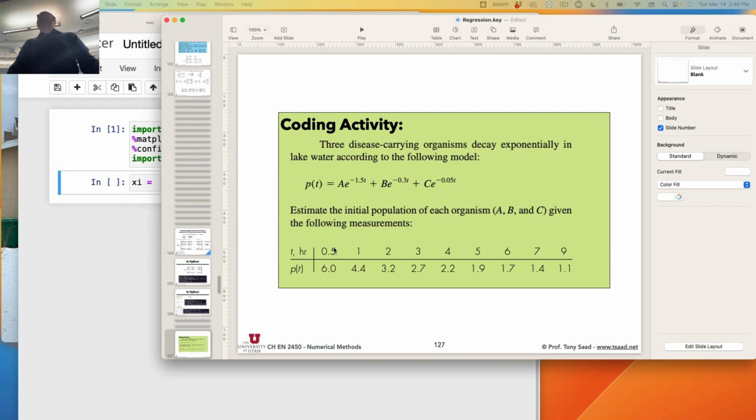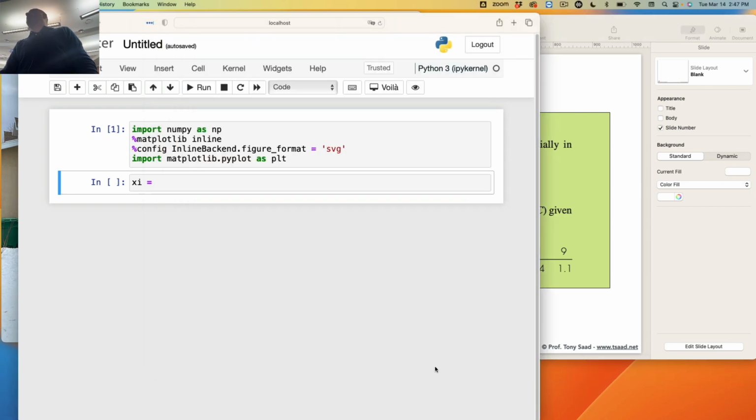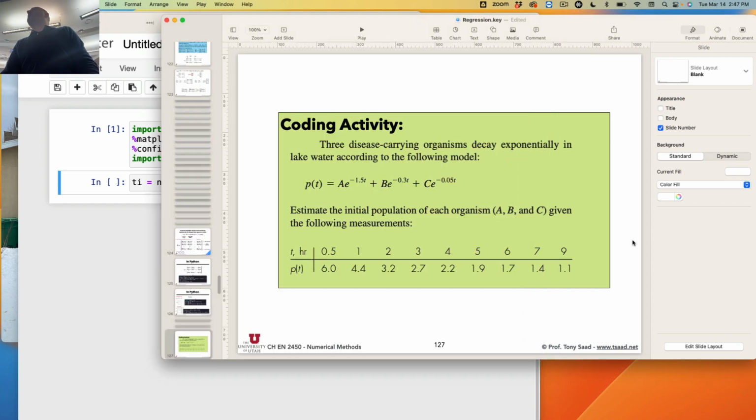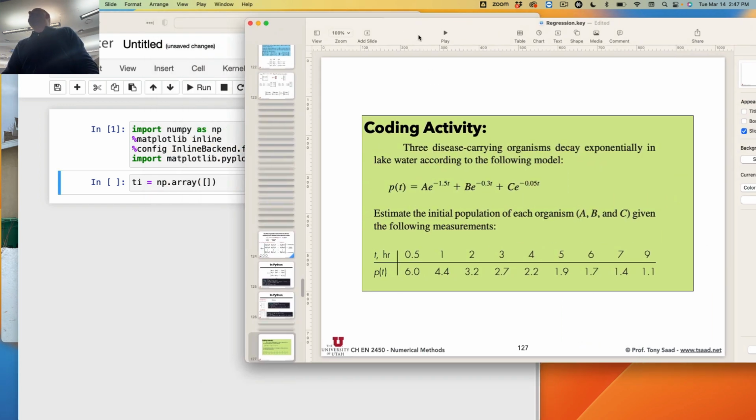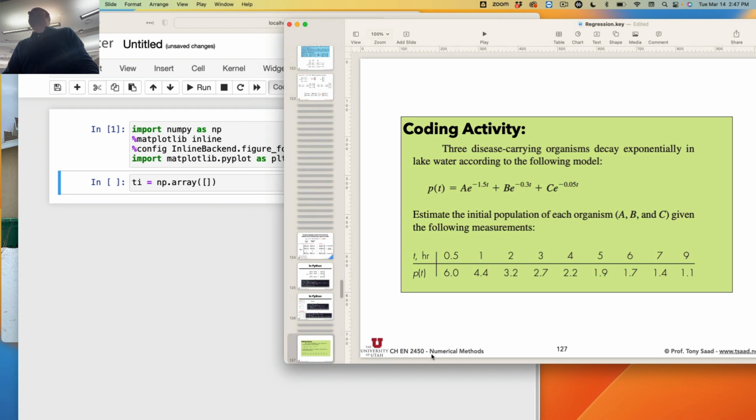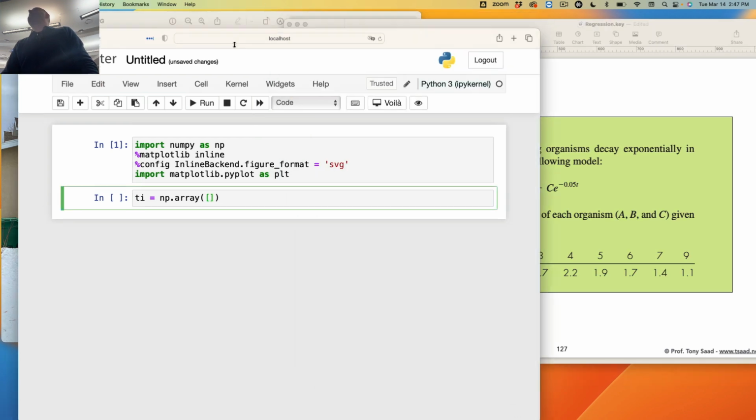Okay, so this is the data. Our xi data, or let's call it ti if you want, or xi, whatever is comfortable for you. Let's call it ti to confuse things a little bit. So ti is equal to numpy.array. I'm going to enter this by hand because it's a small array. But in practice, you'll probably have to get this through a text file or a CSV file or some data collected from experiments and so on.